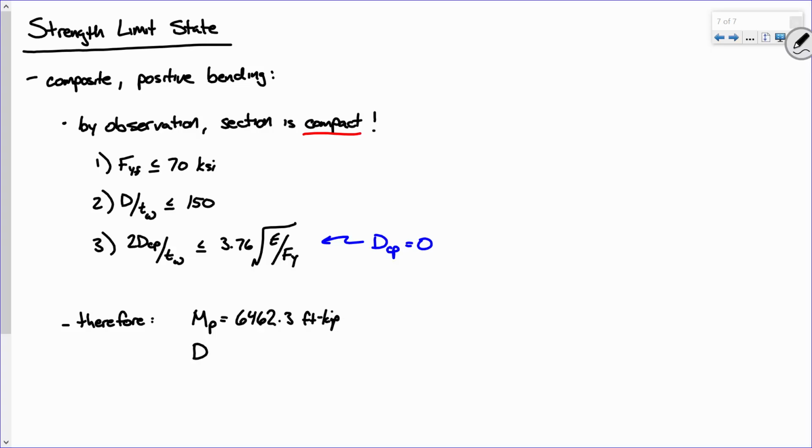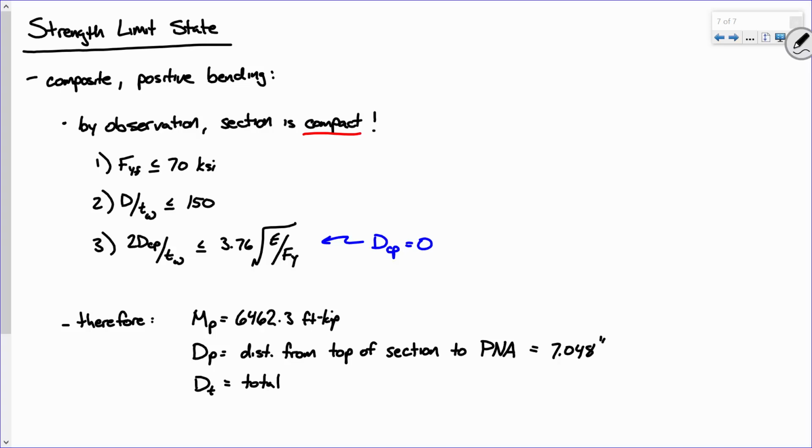We need DP, which is the distance from top of section, getting ahead of myself, to the P&A, which is 7.048, and then DT is total depth, which I trust you all can do, and that comes out to be about 53.25 inches. Sound good? Okay. So here's how this works.